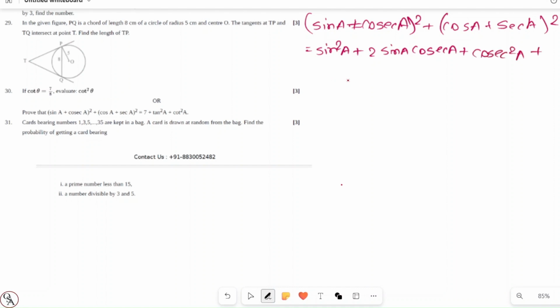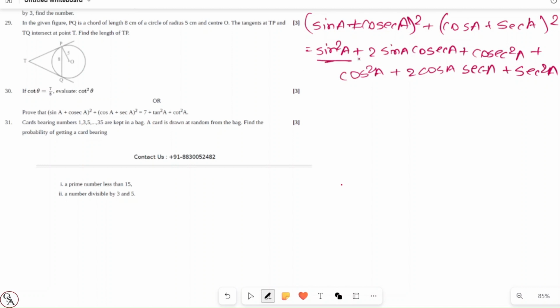Plus for (cos A plus sec A) square, we apply the same formula, which is cos square A plus 2 cos A sec A plus sec square A.